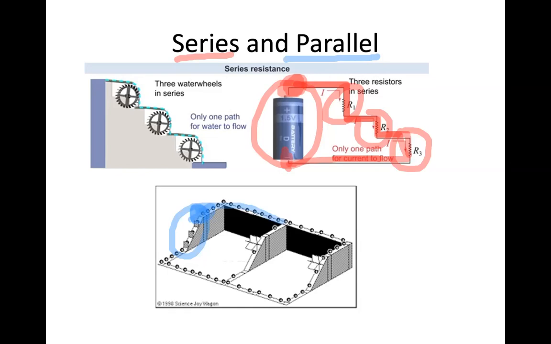We can have some of our water flowing through this first branch. We can have some of the water then continuing through the second branch. There's different paths, and then they come together and we get the same flow back.